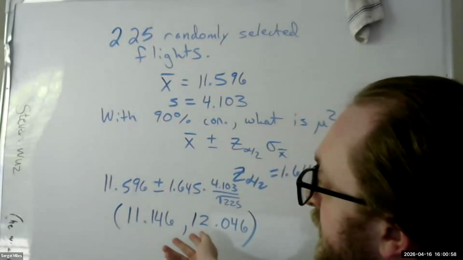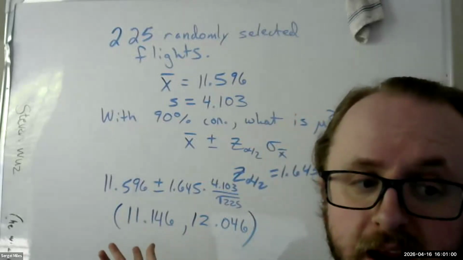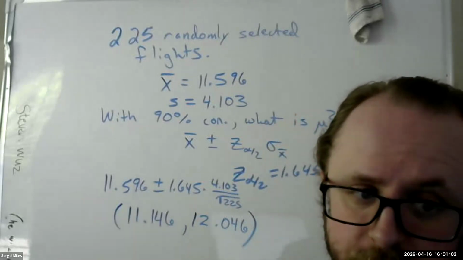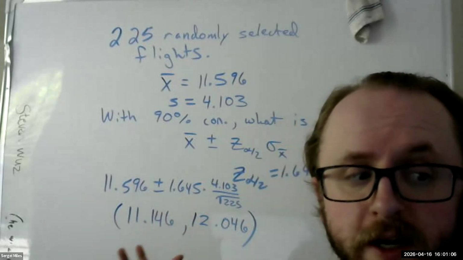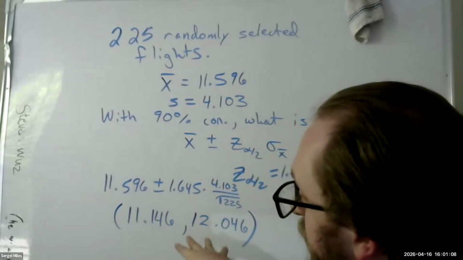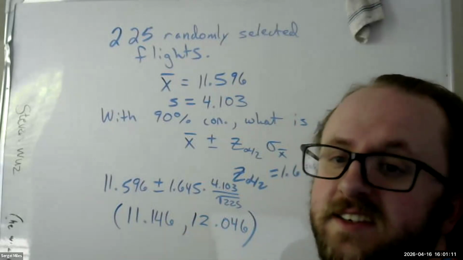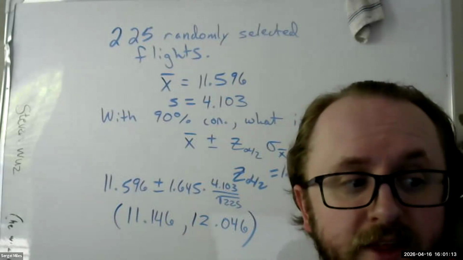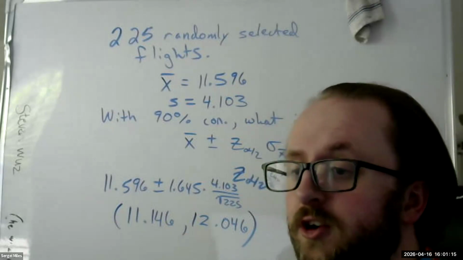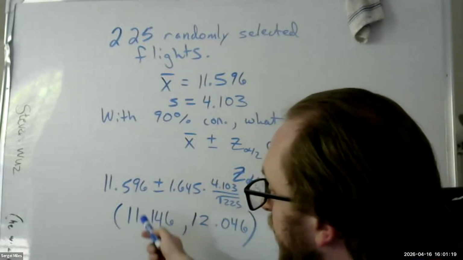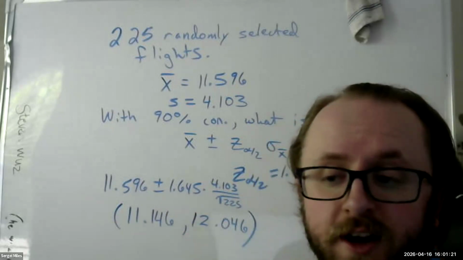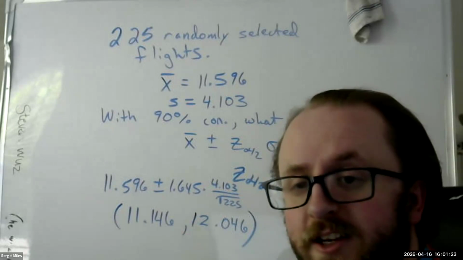Now then the airline has to decide, is that number okay, or is that number not okay? Is that too high, in which case, on average, are they losing too much money? Or is it okay if they have that many empty seats and it's not going to hurt the airline in the long run? That's a different kind of question where they have to look at their own finances to determine how much money they are actually losing on that, and is that enough lost money to actually be an issue?